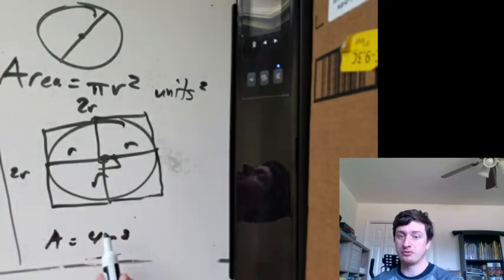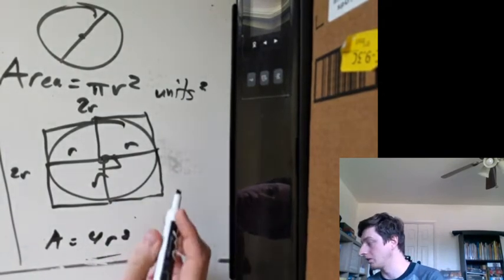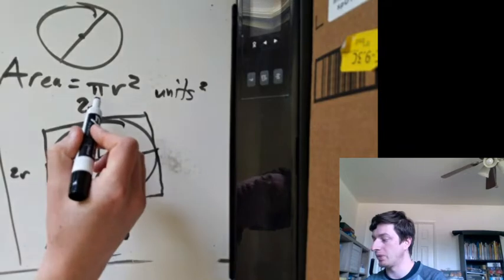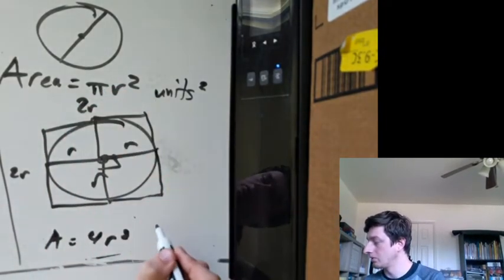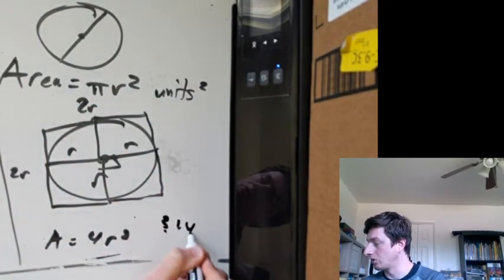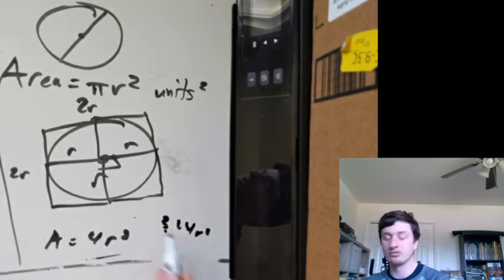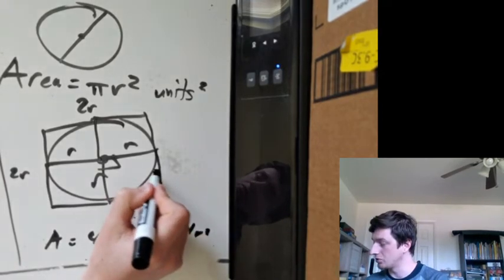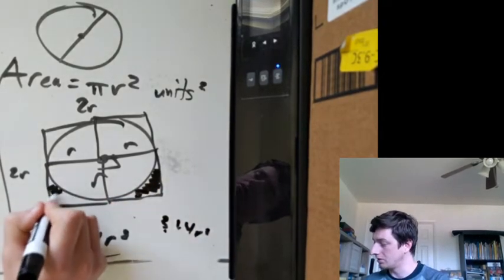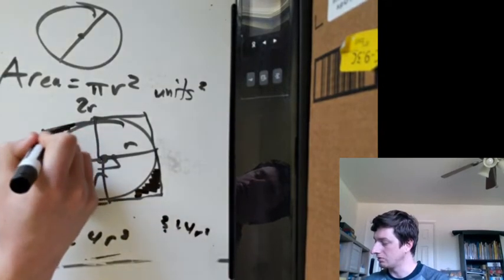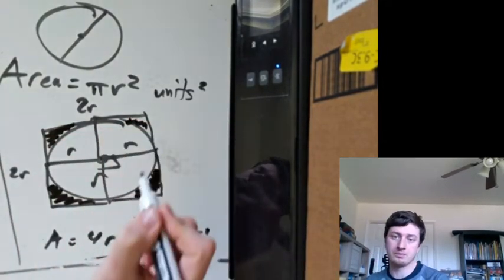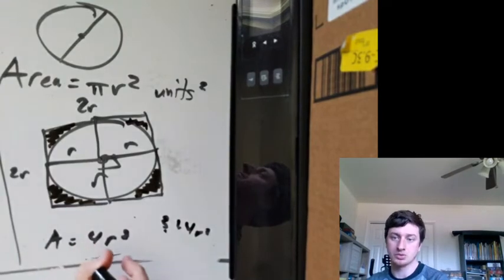So instead of it being 4, the area of the circle is going to be pi, which is, remember, 3.14 r squared. So it's less than 4. That would be because we subtract this area here, these little pieces. Okay. And that would leave us with the circle.